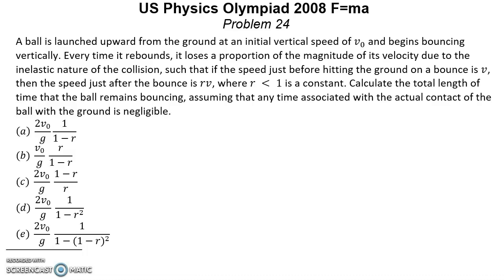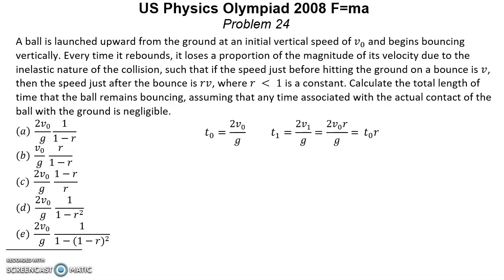So first of all, let's count the time for travel after the first launch. That will be the total change of velocity over g, which is 2v0 over g. After that, the ball loses proportion r of its velocity, and now we have the time for the next travel, t1.